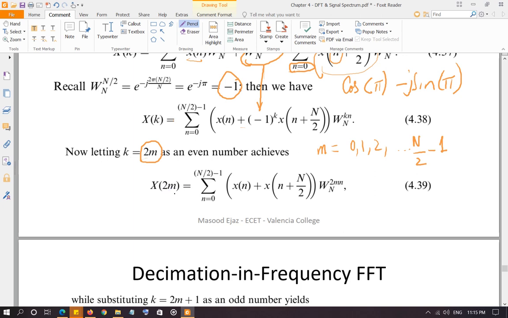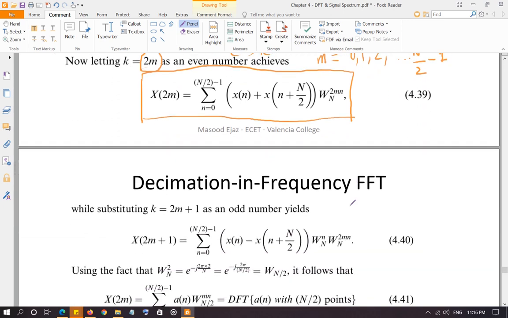So for my even number component, again I'm going to use this formula, but for even numbers, negative 1 to the power of k, for even powers, is going to be 1, right? So negative 1 to the power 0, negative 1 to the power 2, all of those values will be positive 1. So I'm going to eliminate that and just put a positive over here. So these are my even number components.